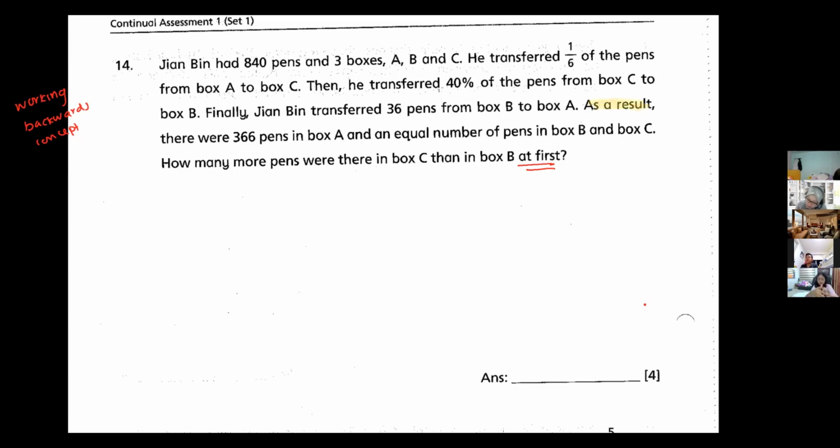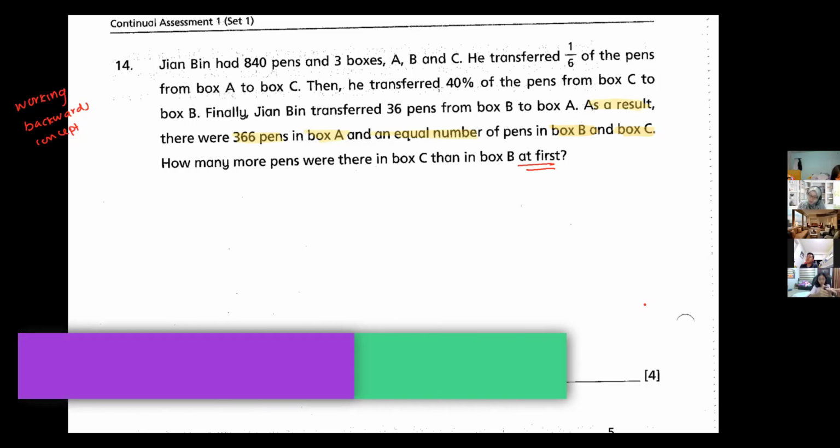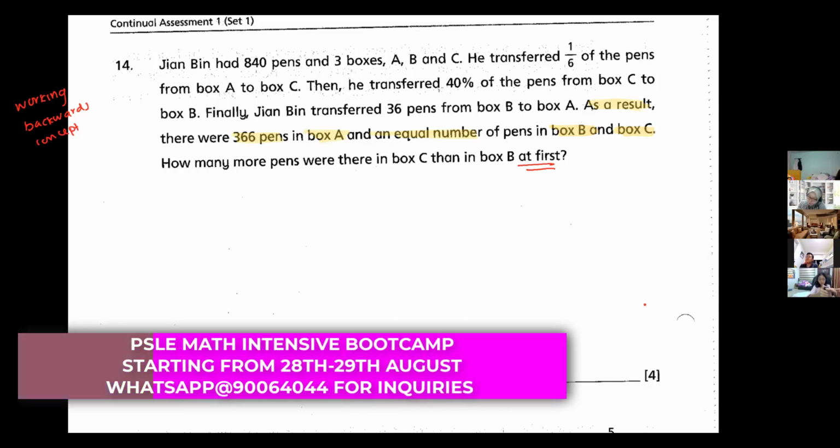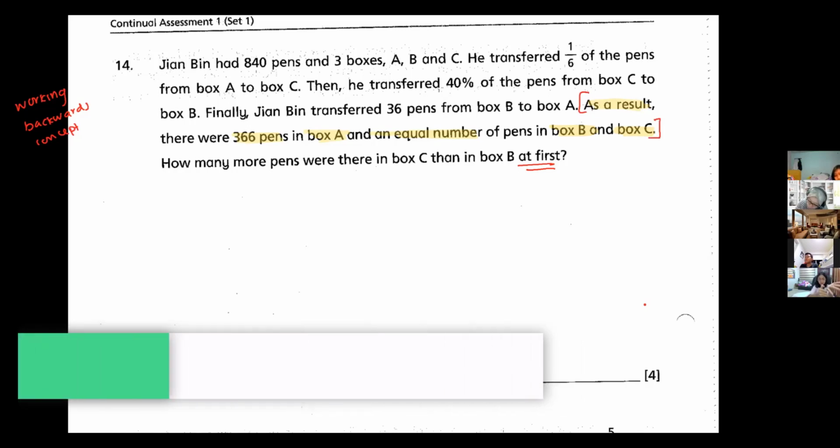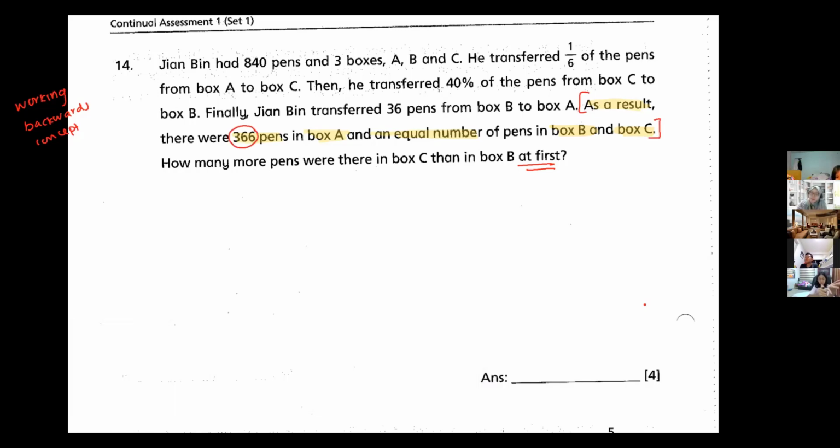The last number given in the question is from the sentence, "As a result, there were 366 pens in box A and an equal number of pens in box B and box C." We look at that sentence first. We need to work with these 366 pens. Then we look back at the total, because if you have something in the end, we have something at first.